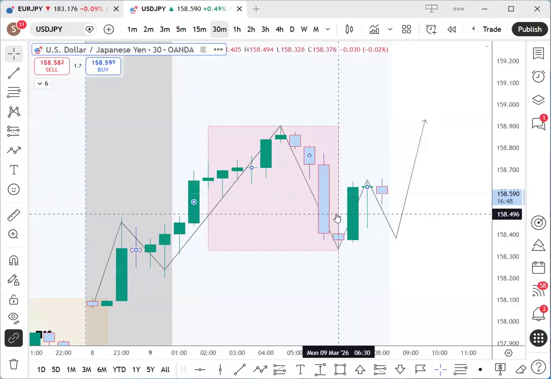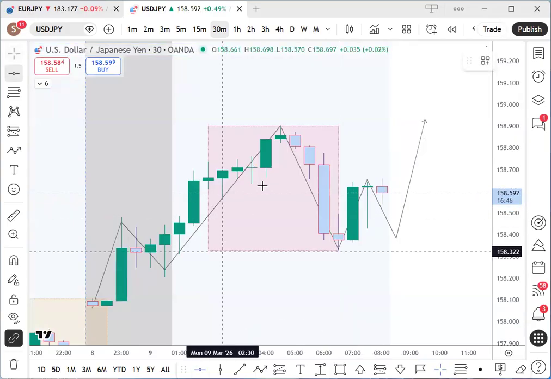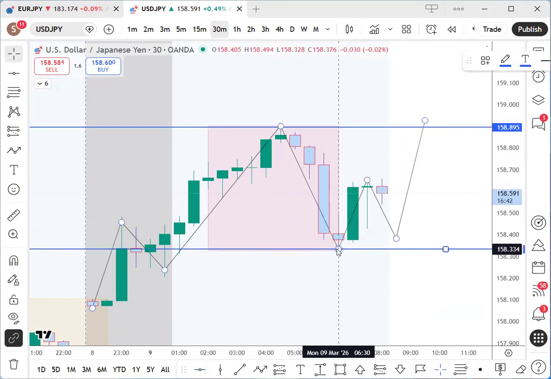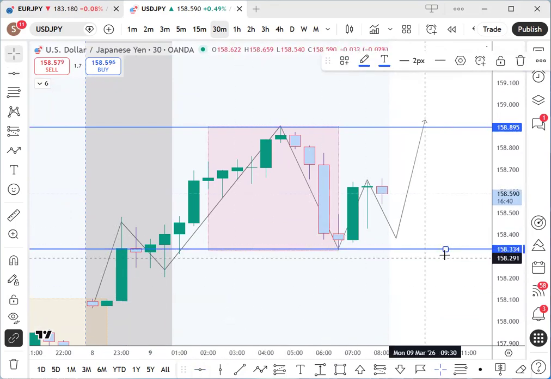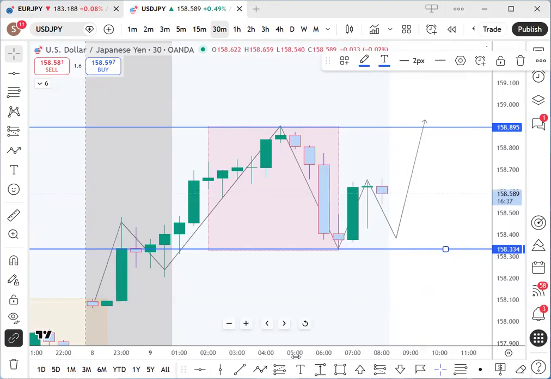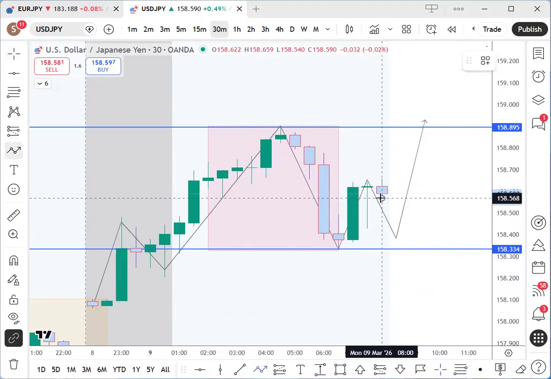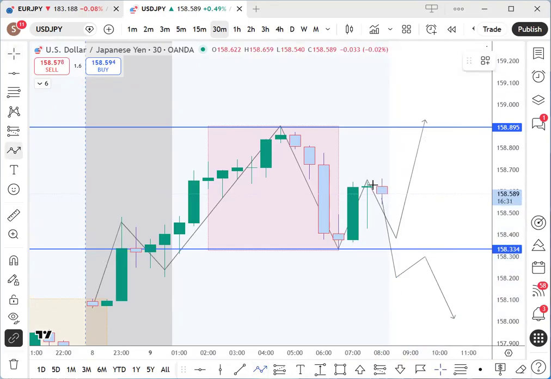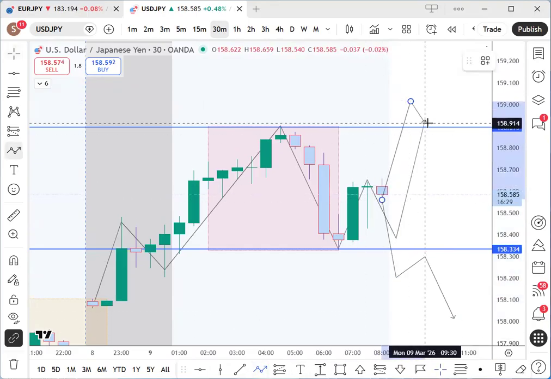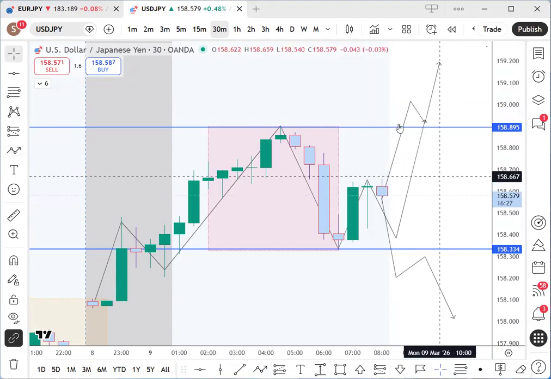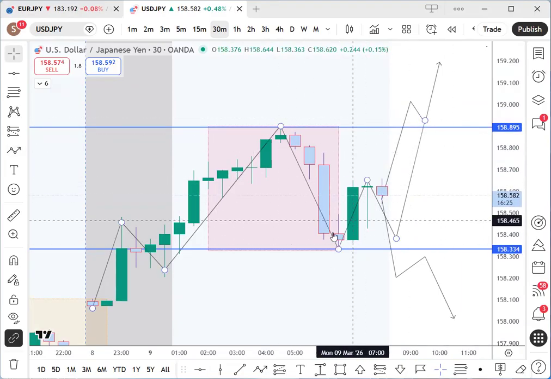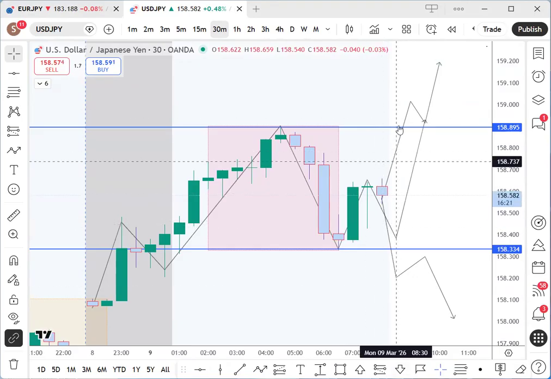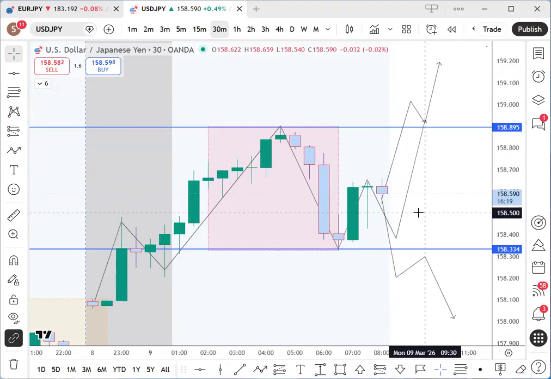So given that I cannot decide, I'll just call it a big range because it's not looking straightforward to me. So I'll just put a big range there and then expect if it breaks below, then I'll go further down with it. Or if it breaks above, then I'll go up with it. I won't take any action within here. I'll wait for it to either break below and then I'll go down with it, or break above and then I'll go up with it.